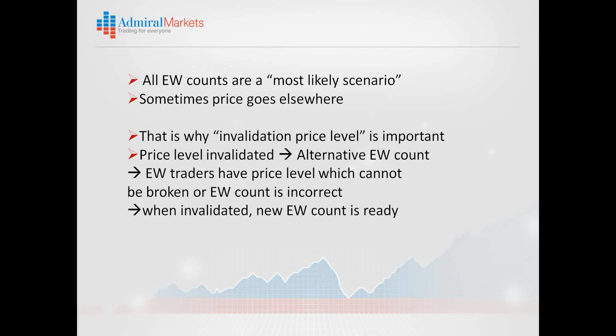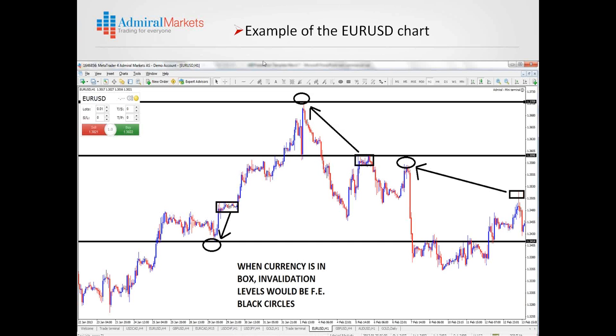That's why Elliott wavers have an alternative count ready, so that if their level is penetrated and invalidated, they have the potential to understand that the currency is actually doing something else, and there's an alternative Elliott wave count on standby. So in that case, the new count is ready.